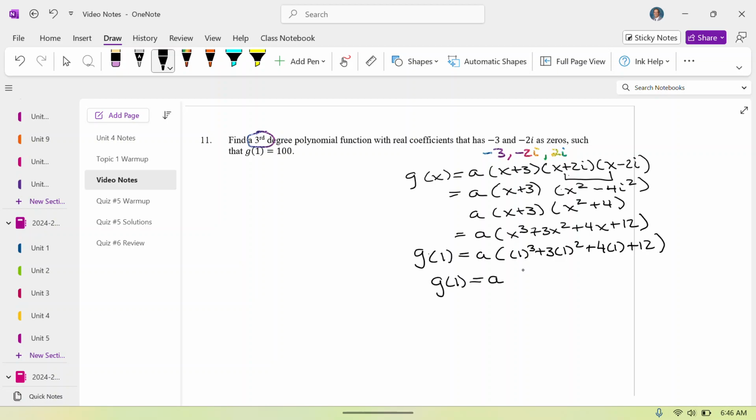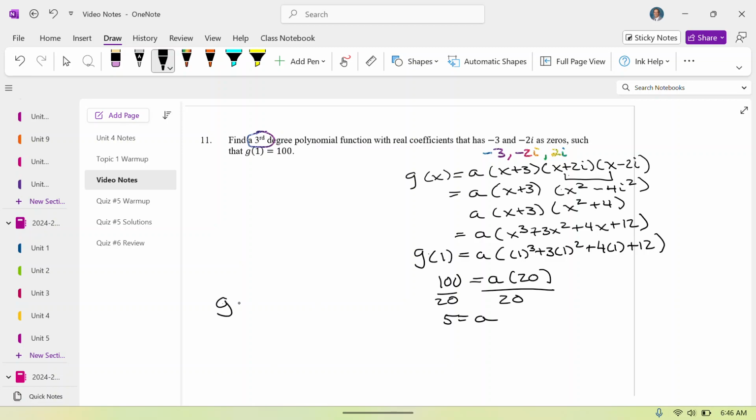So you get 1 plus 3 plus 4, so 4, 8, 20. So 20a. So then when you divide by 20, you get that a is equal to 5.